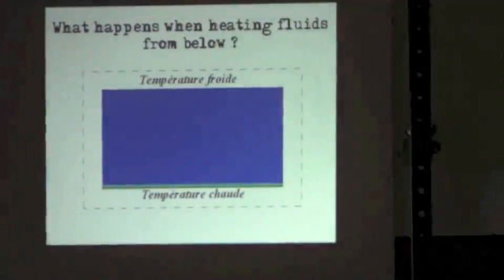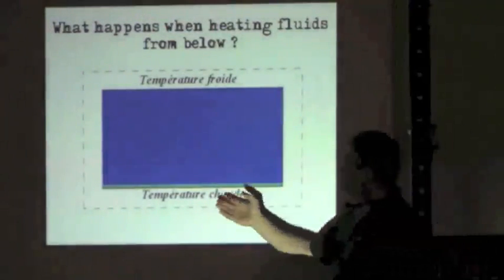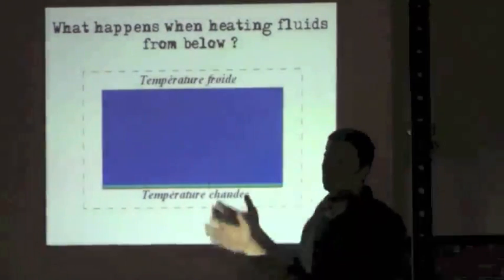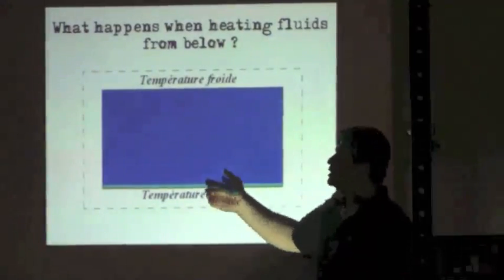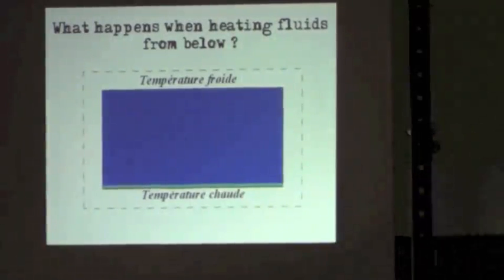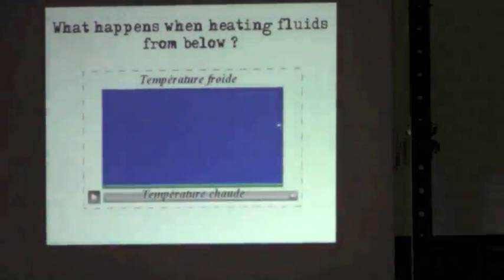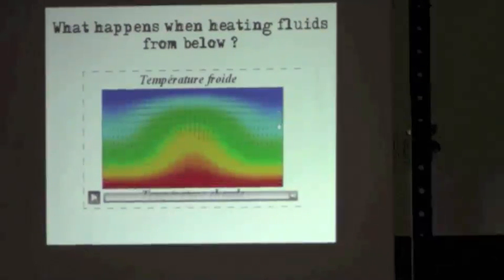So what happens when heating a liquid from the bottom? The liquid wants to evacuate energy. At first, energy is evacuated by conduction. And when the amount of energy is greater than what can be evacuated by conduction, the liquid begins to move. This is what we call convection.